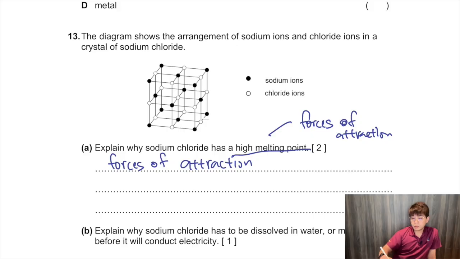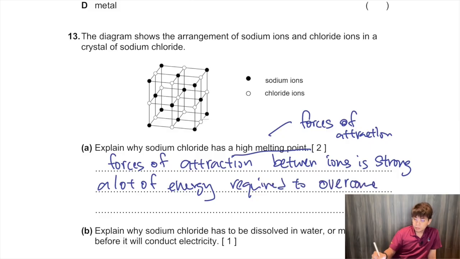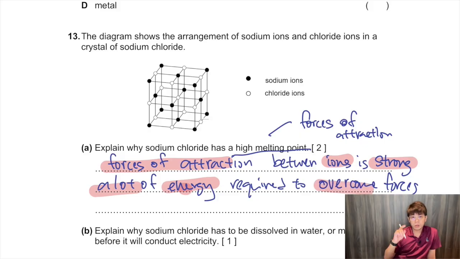But it's between ionic, so force of attraction between ions is strong. And so what if it's strong? A lot of energy required to overcome forces. So therefore melting point is high. Keyword: force of attraction, ions, strong. Energy, a lot, overcome. Cannot use the word break, remember.